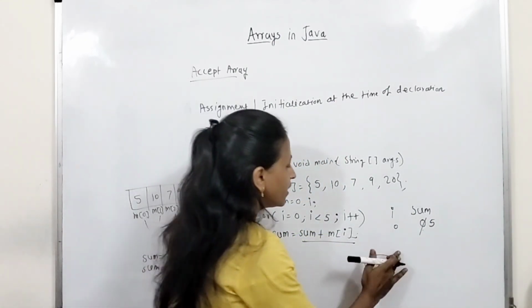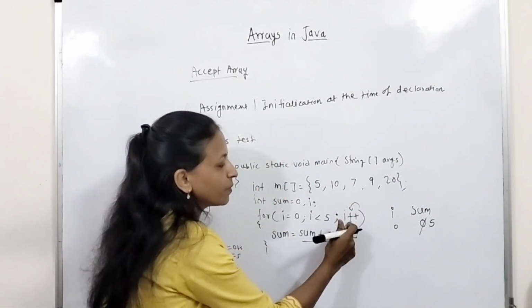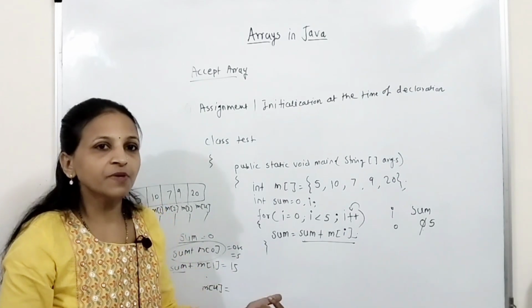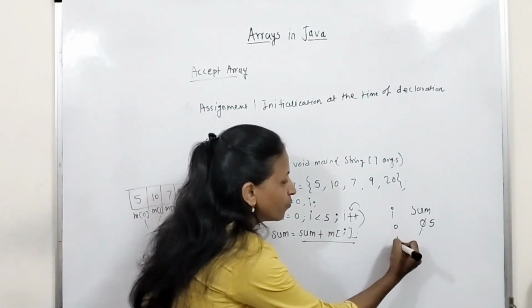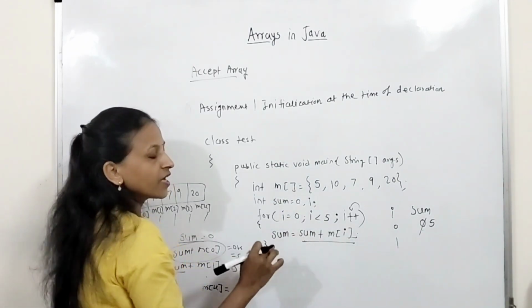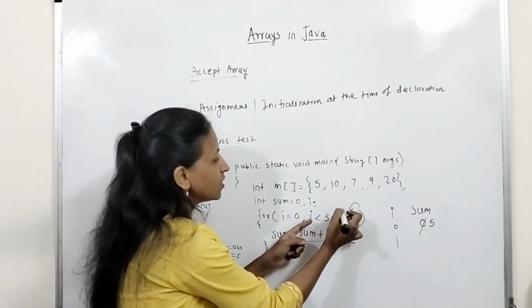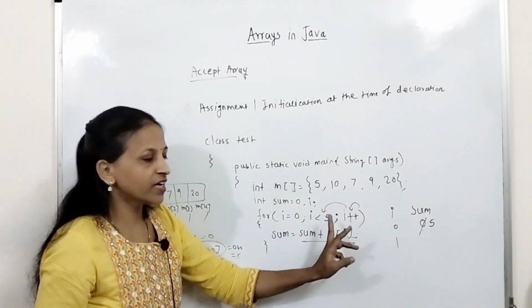Getting? And now here again control will come here for increment purpose, i plus plus. i plus plus means increment the value of i by 1. i will become 1 now. Again control will come here to check the condition. Now i is 1, is it less than 5?